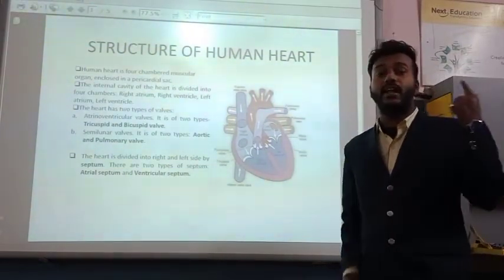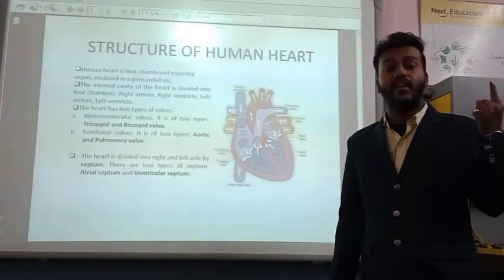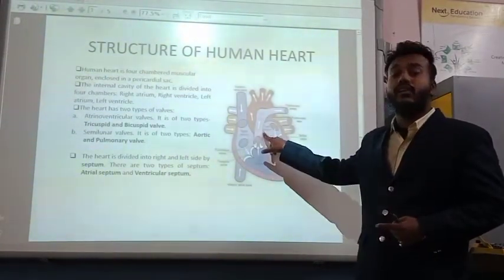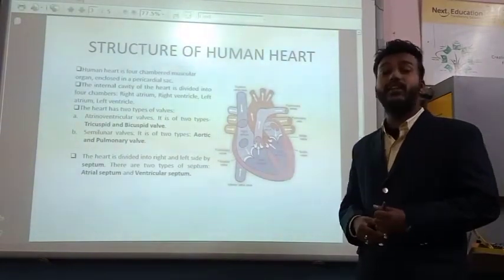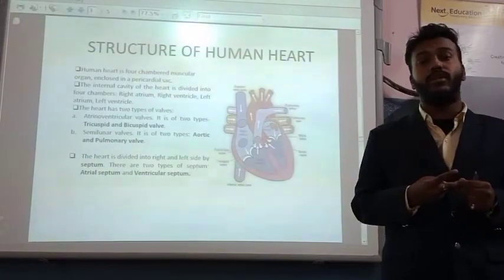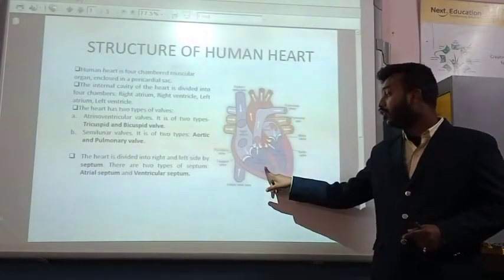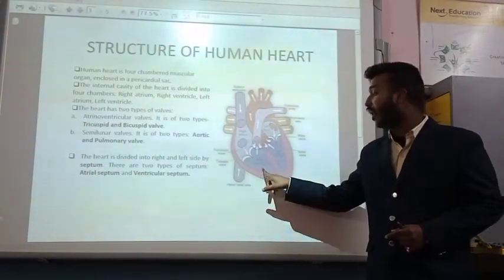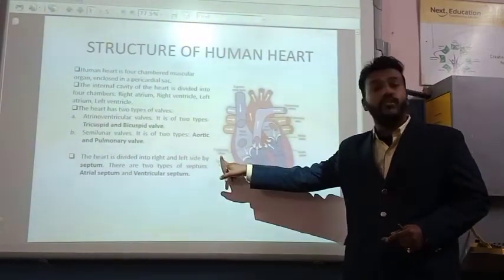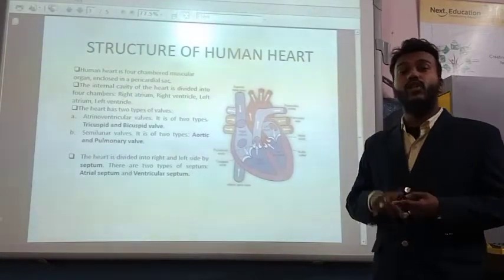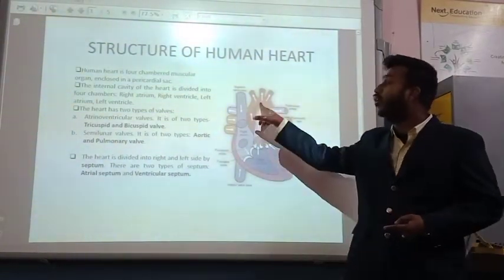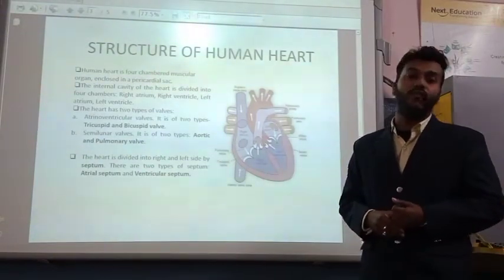Besides this, another type of valve, which maintains the circulation of blood from the ventricle region to the arteries, is known as the semilunar valve. There are mainly two types of semilunar valves. One which controls the flow of blood from the right ventricle to the pulmonary artery is known as the pulmonary valve, and the one which controls the flow of blood from the left ventricle to the aorta is known as the aortic valve.